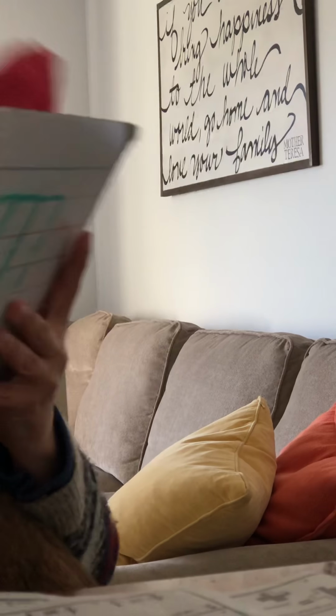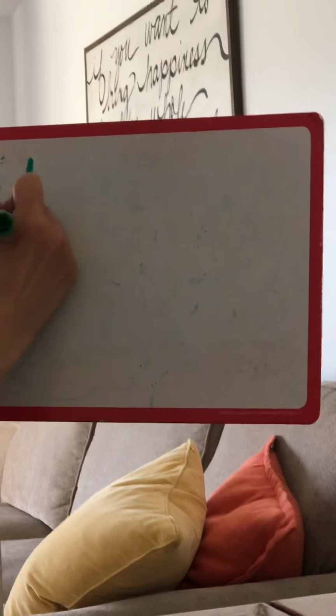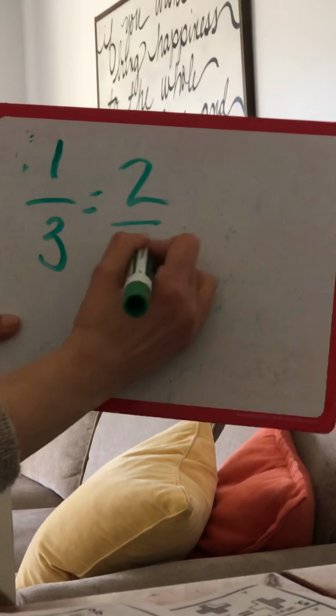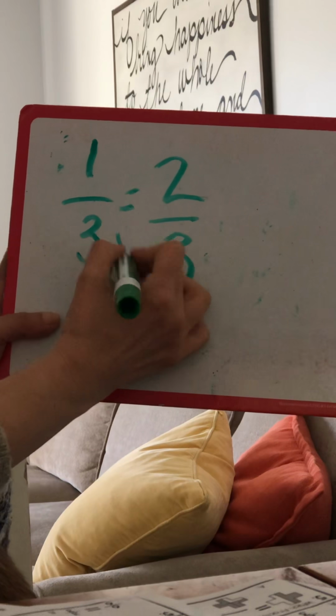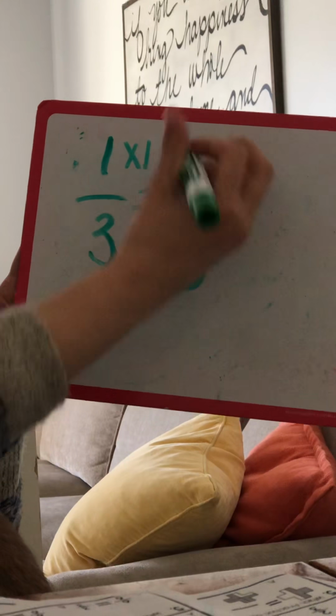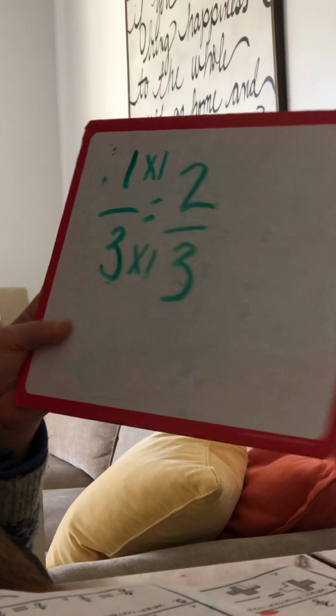The next possible answer would be 1/3 is equal to 2/3. Well, what times 3 is 3? 1. What times 1 is 1? 1. So that's not an equivalent fraction either. So that's not right.